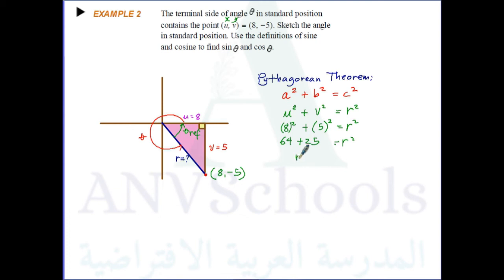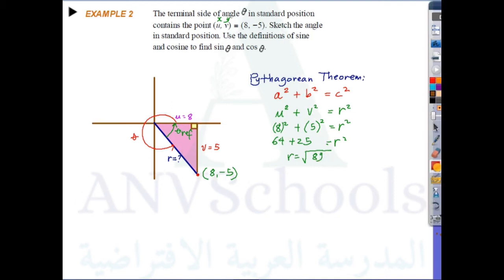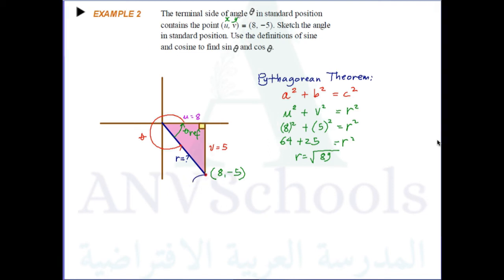So our r is therefore the square root of 89. And because r is always positive, okay, r is always positive because actually r is the radius of your circle. We have a circle here, and r is always the radius of the circle. So r is always positive.